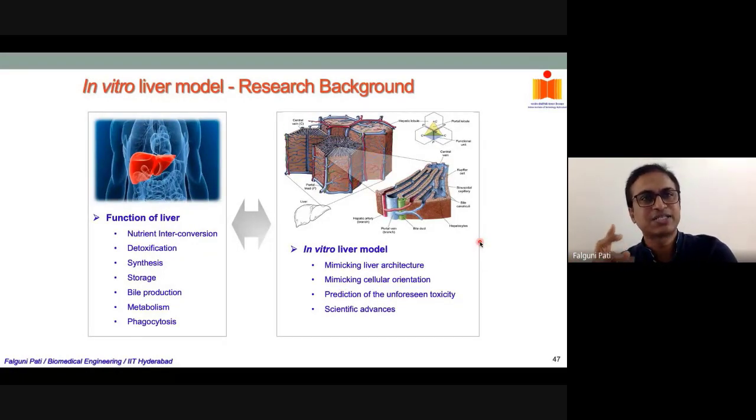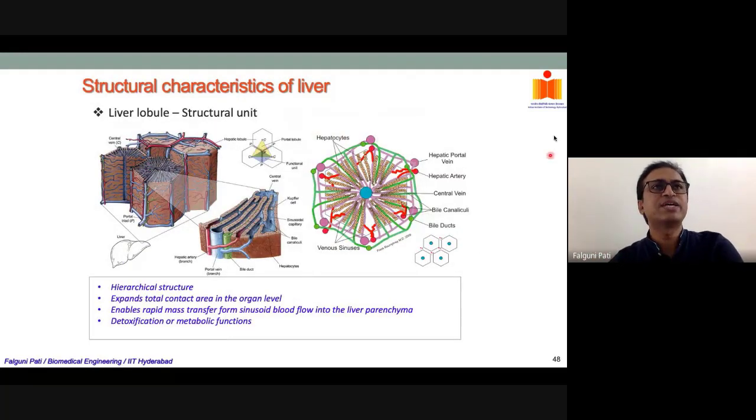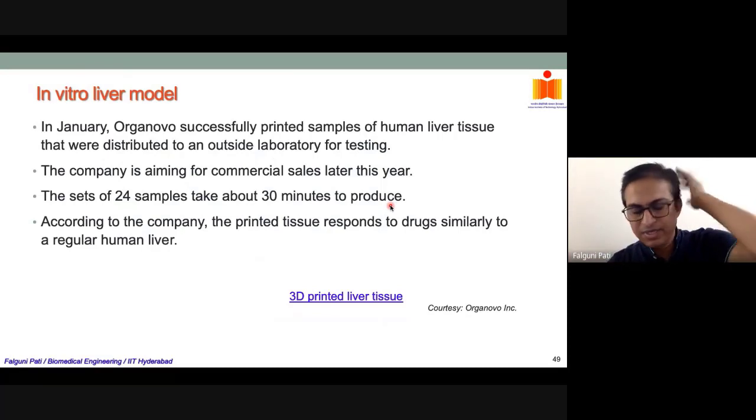Many of the drugs, if toxic, can be toxic to the liver. So that's what we try to understand. The structure of the liver is very beautiful. It consists of hexagonal units called lobules, and millions of lobules are connected to each other to form the whole liver. So that's why the liver is a primary target for developing an in vitro liver model.